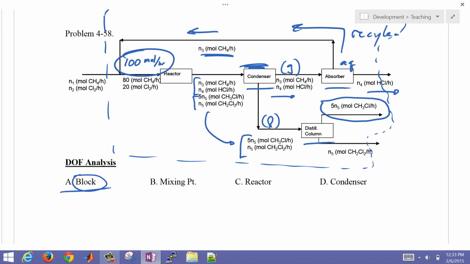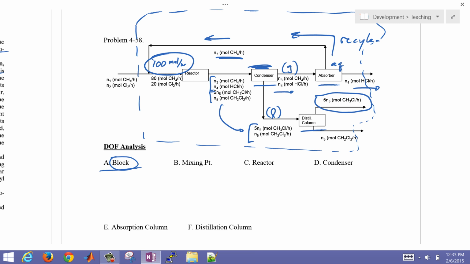For each of these, we will tell how many unknowns we have, how many elemental balances we have if it's reacting, how many non-reacting species are involved, and then other equations as well. In this case, the unknowns around the block: we only have N5 coming out, N4 coming out here, and then N1 and N2.